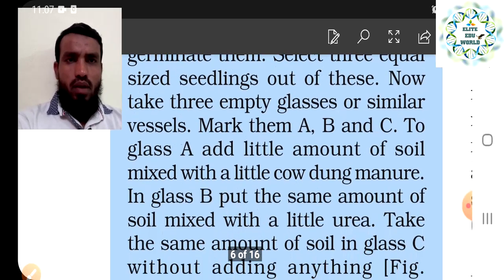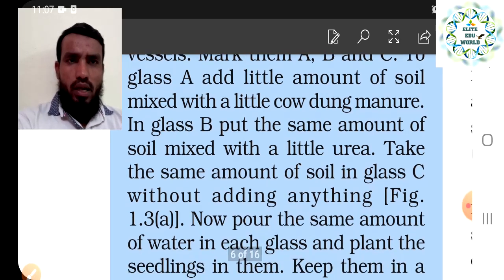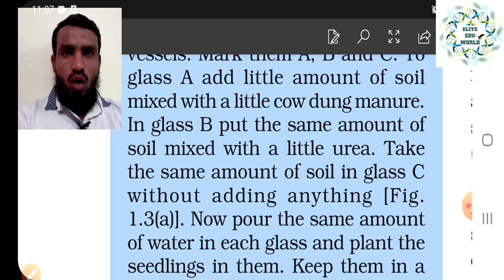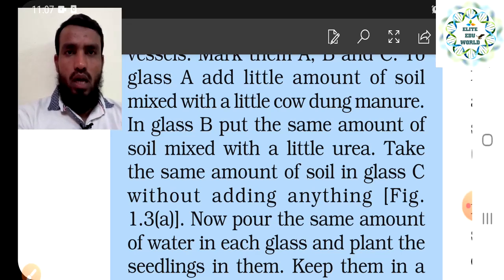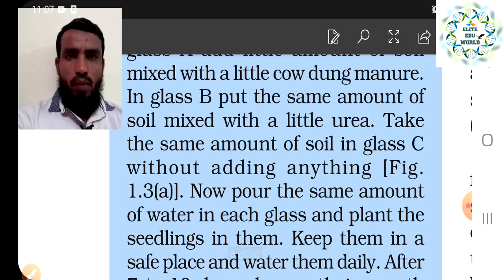Then in cup A we will add a little soil mixed with a little cow dung or cow dung manure, because manure is nothing but cow dung. It is made with the help of cow dung only. So in cup A we add a little cow dung because it will act as manure.